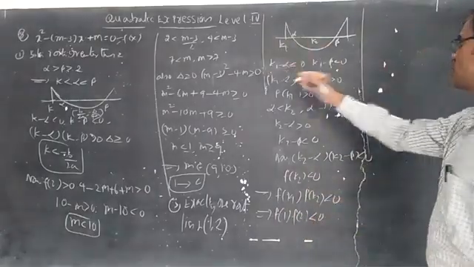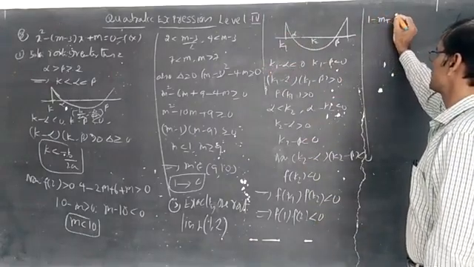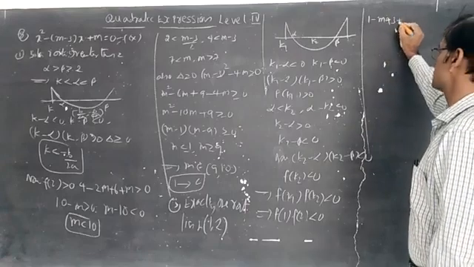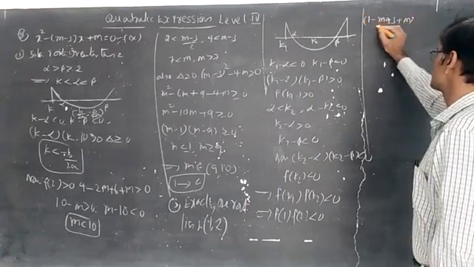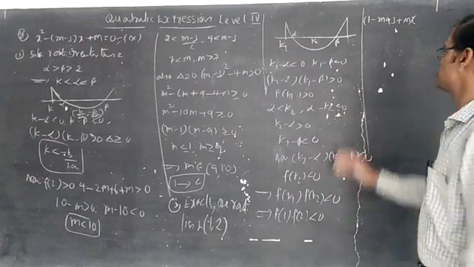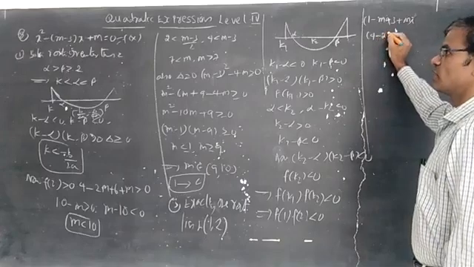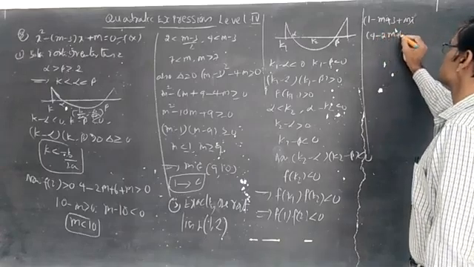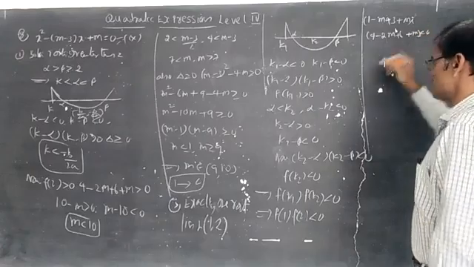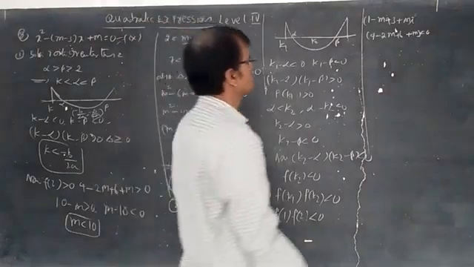Let us substitute there 1 minus m plus 3. If you substitute 1 there, 1 minus m plus 3 plus m, into f of 2, which I am substituting: 4 minus 2m plus 6 plus m, less than 0.